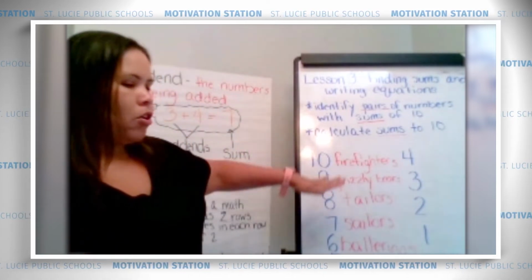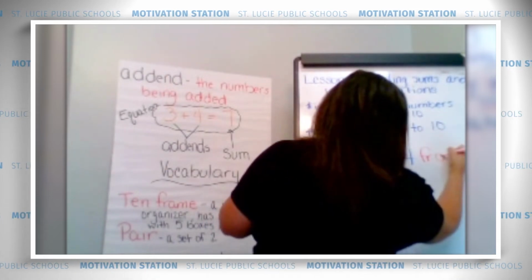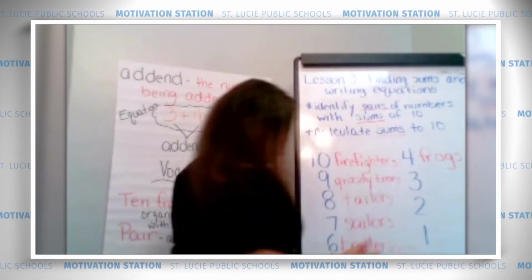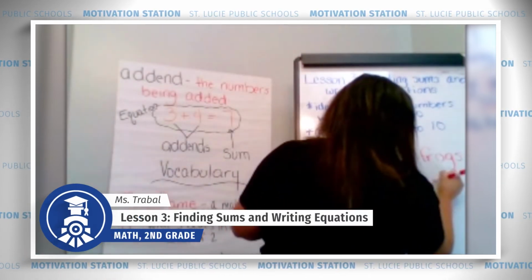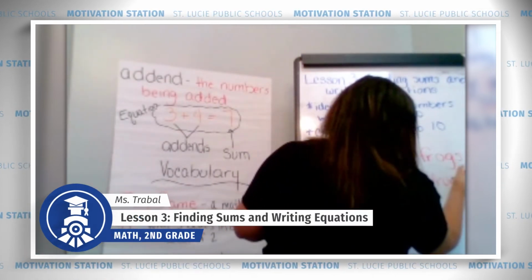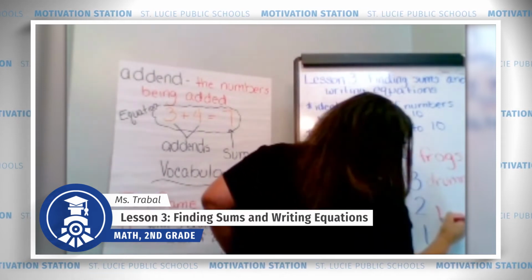4 frogs. Our ballerinas and our frogs were together. 3 drummers. There were 3 drummers. And it rhymes, there were 2 plumbers.